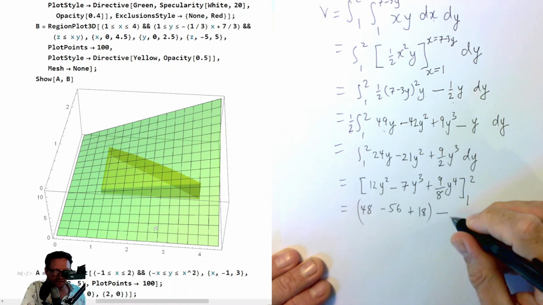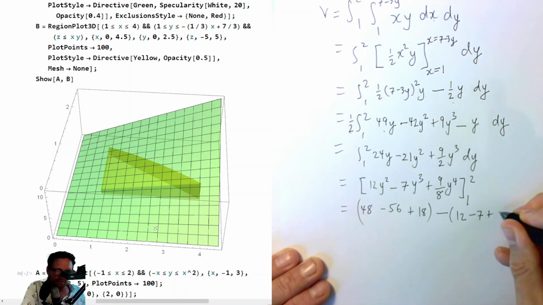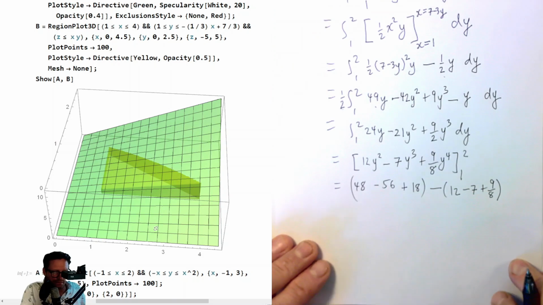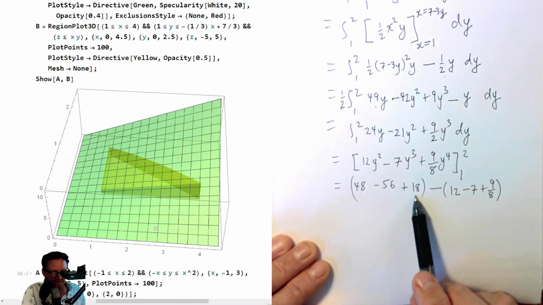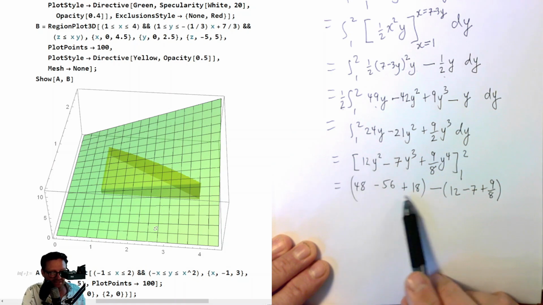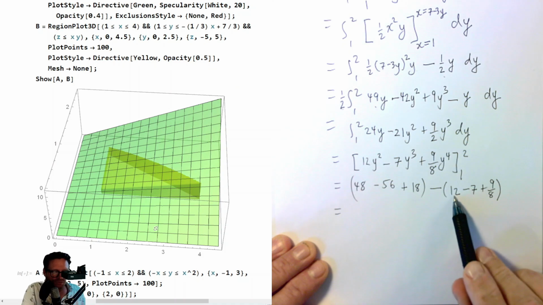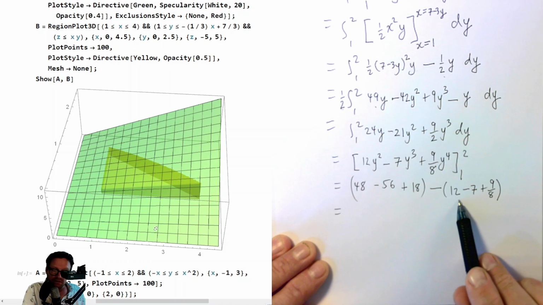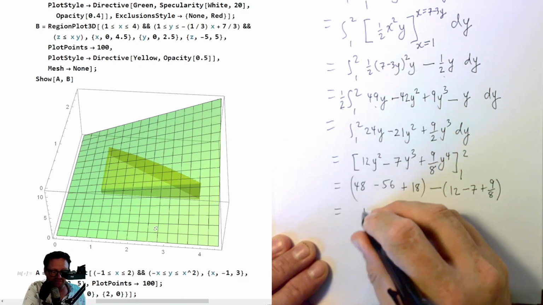Okay, now we subtract 12 minus 7 plus 9/8. All right, so now 48 and 18 gives 66. 66 minus 56 is 10. Now 12 minus 7 is 5. So 10 minus 5 is 5.